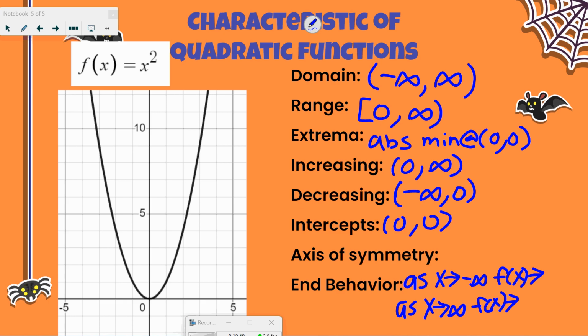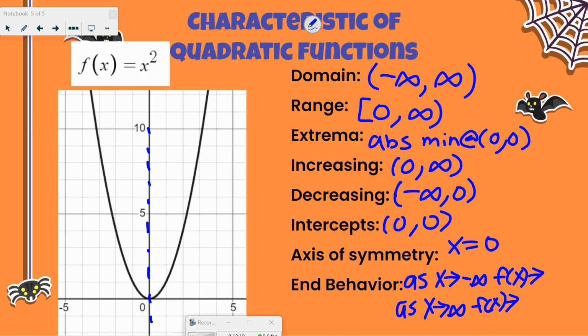Let's see what you guys remember at that front middle table. What was our axis of symmetry? Remember, it's going to be this line that you can cut through our graph. Do you remember what that equation was? X equals 0. Great job. So remember, it's an equation for a vertical line. So that's x equals 0.